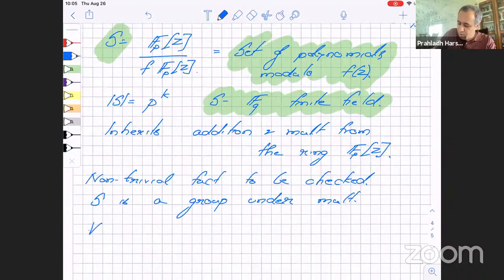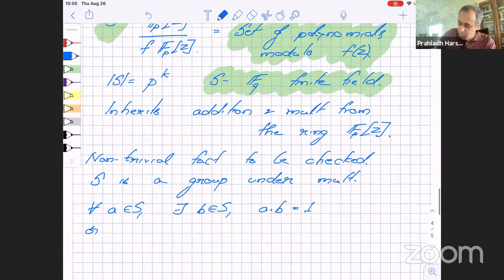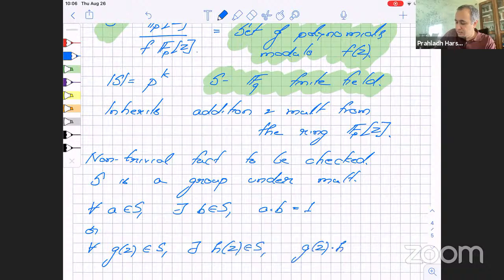That is, for all A in S, there exists a B in S such that AB equals 1. Or equivalently, for all polynomials G of Z in S, there exists another polynomial H of Z in S such that G of Z times H of Z is congruent to 1 mod F of Z. That's what we need to show.